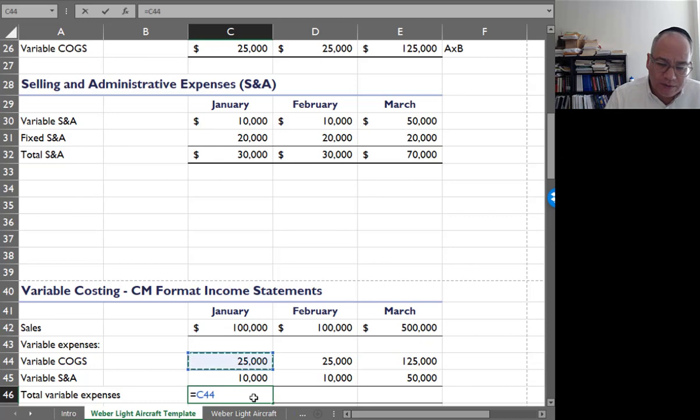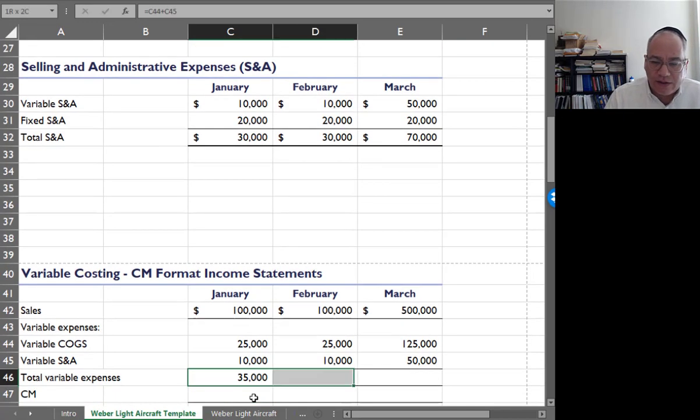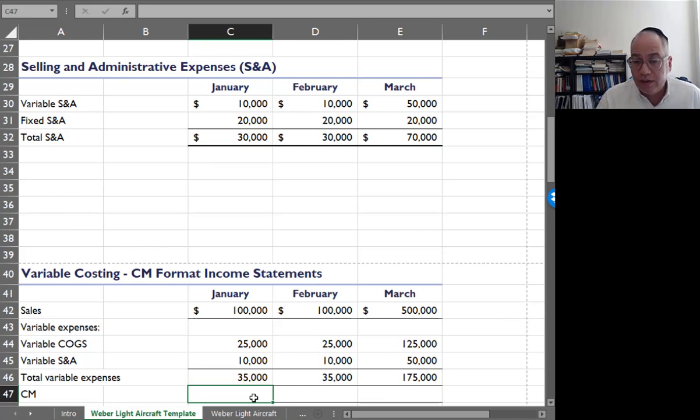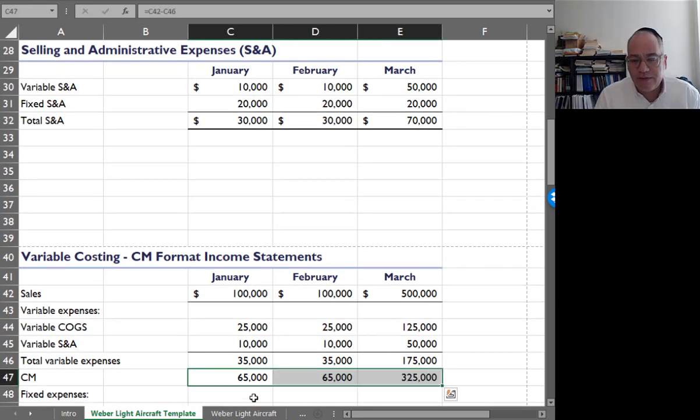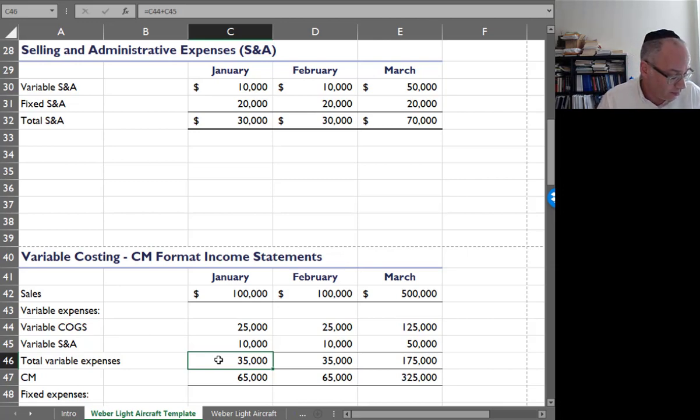So total variable expenses would be $35,000 in January, $35,000 in February, because I also sold 1 unit in February, and $175,000 in March. So my contribution margin in each month would be sales minus variable expenses, and it would come to $65,000 in January, $65,000 in February, because sales and expenses were the same in both months, but $325,000 in March.